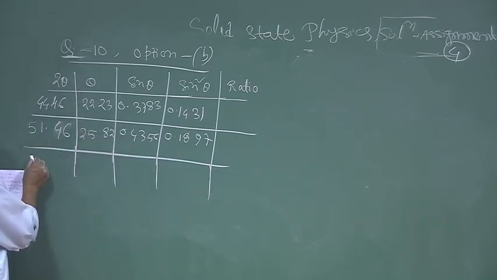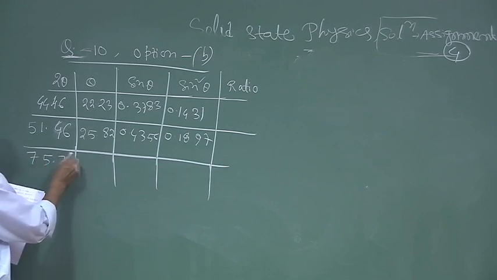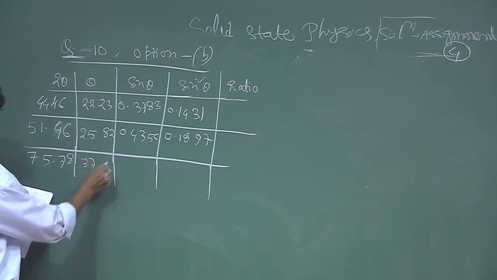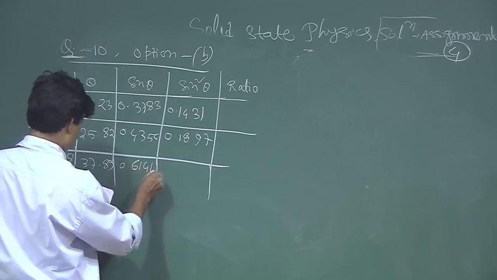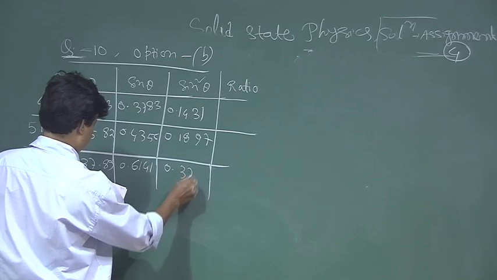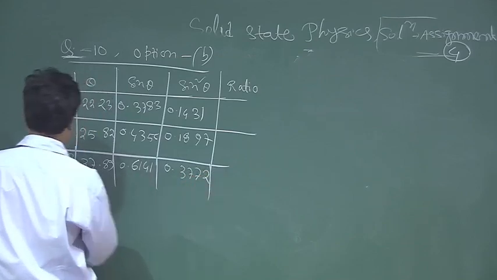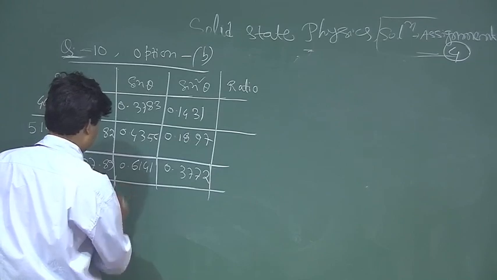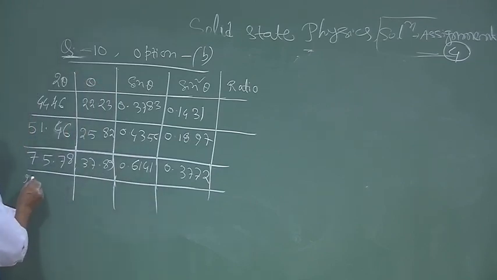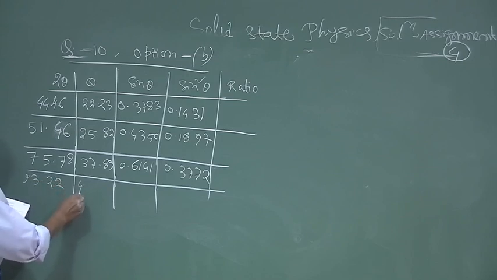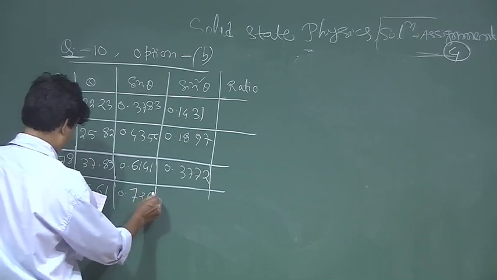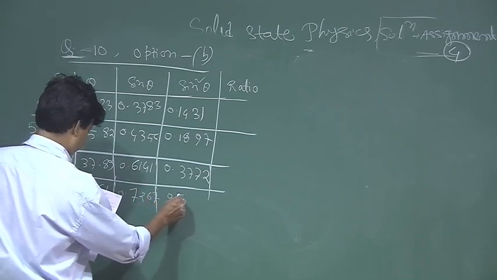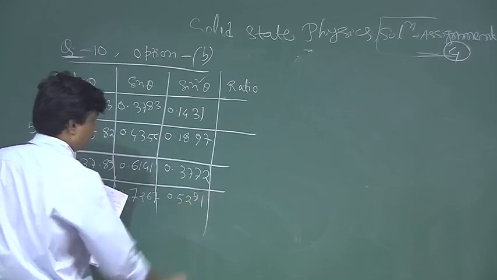Next angle, 75.78, half 37.89, sin theta 0.6141 and sin square theta 0.3772. Okay, and the last is 93.22, half 46.61, sin theta 0.7267 and sin square theta 0.5281. Then what are the ratios coming?